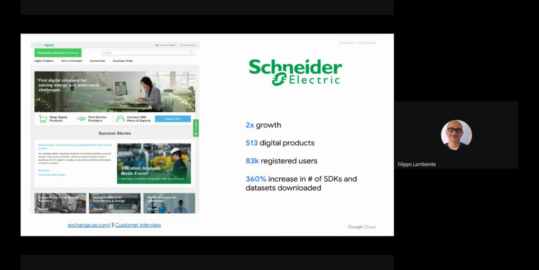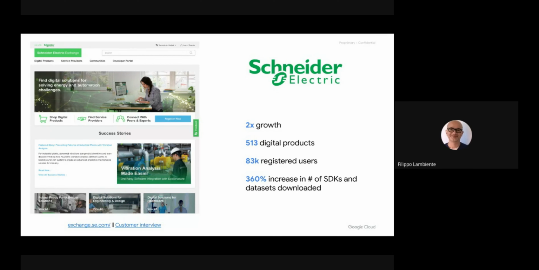And for example, as I mentioned, especially if you talk about smart infrastructure, smart city, smart building, all these physical and digital products are interconnected.